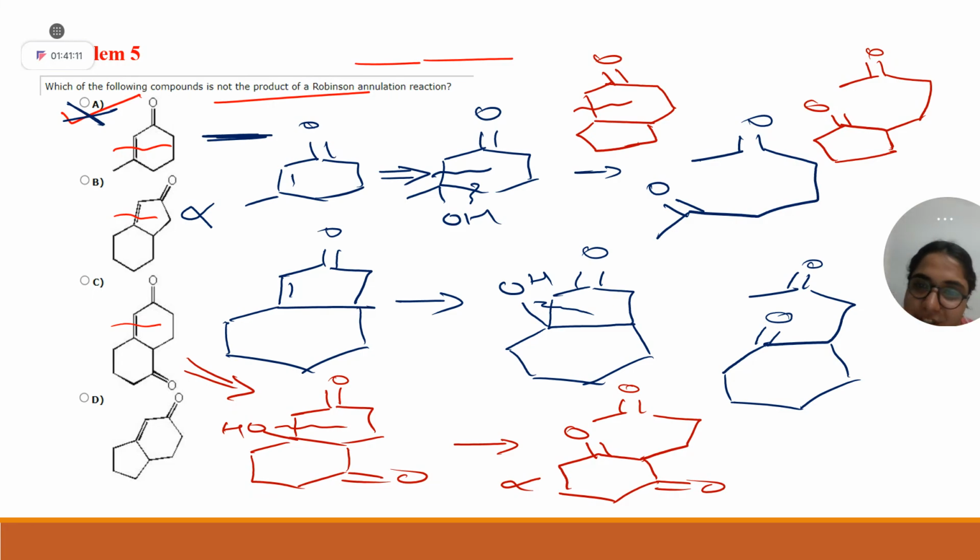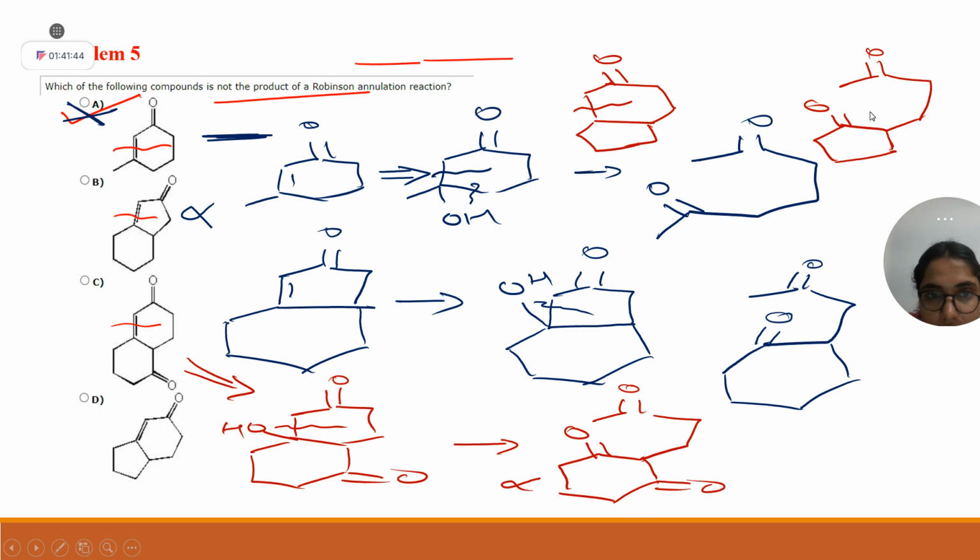Option A, ma'am. Because option A is a simple aldol reaction. Correct? Or what can I say? Just give me 1 minute. Which of the following compounds is not the product of a Robinson annulation reaction?